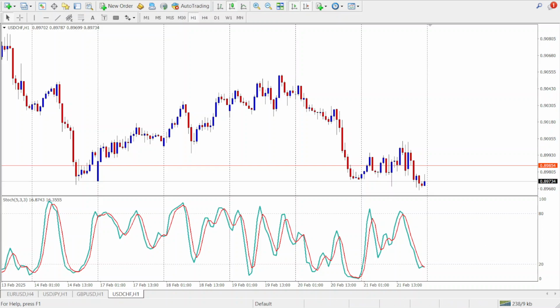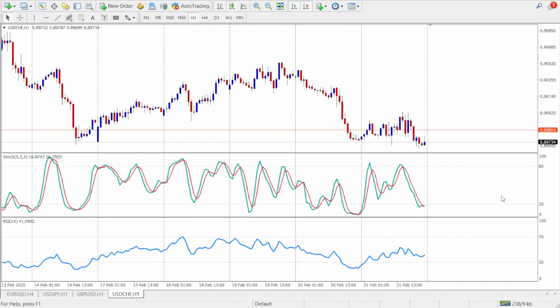All right. Now let us level up a bit with advanced strategies. While the stochastic on its own is powerful, combining it with other indicators can make your trade setups even more reliable. A great example is combining the stochastic oscillator with the relative strength index.